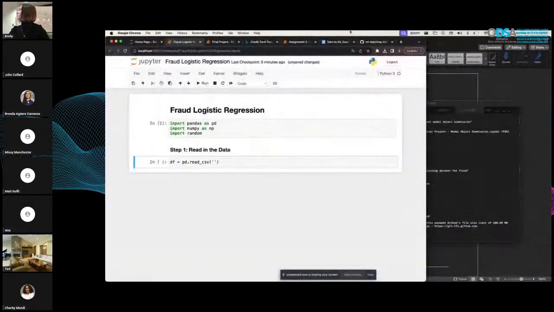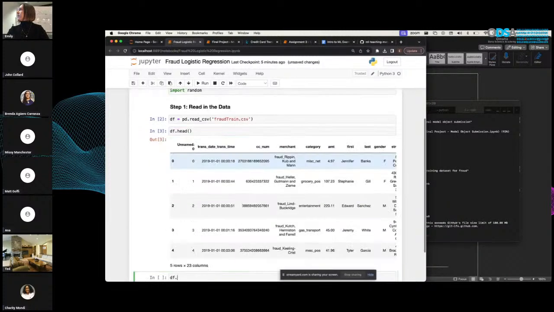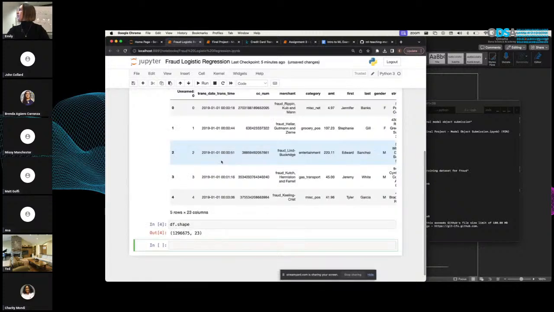And we called it fraud train CSV, so you want it to be fraud train.csv. And we can do df.head, we can do df.shape. And we can see this is why it's taking so long. It is 1.2 million rows, so it's a decently sized data set.